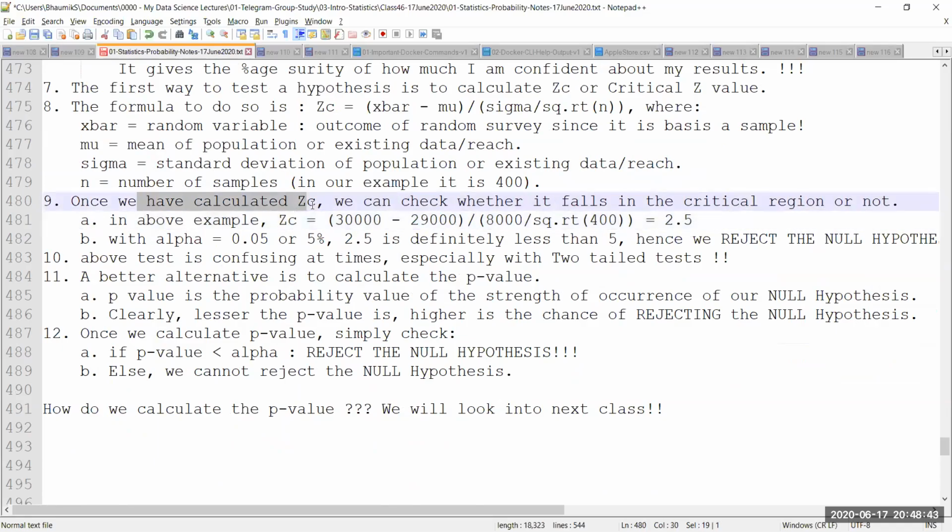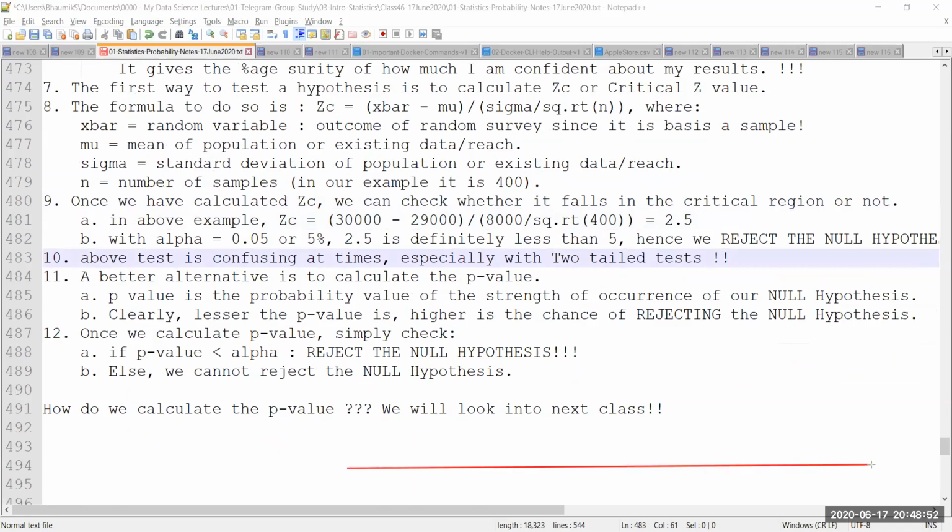So once we have calculated ZC, we check whether it falls in the critical region or not. So what did we do? We simply took a graph, and then we saw this is a one tail test, because I have mu over here, and I have a value which is somewhere here.